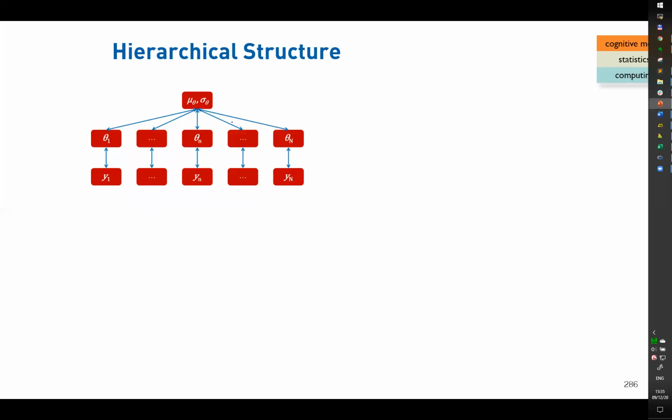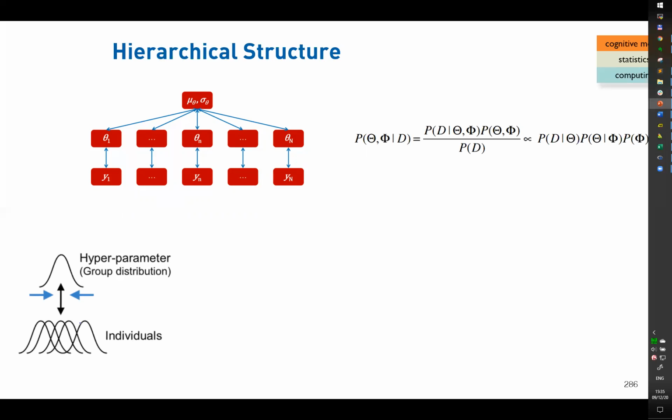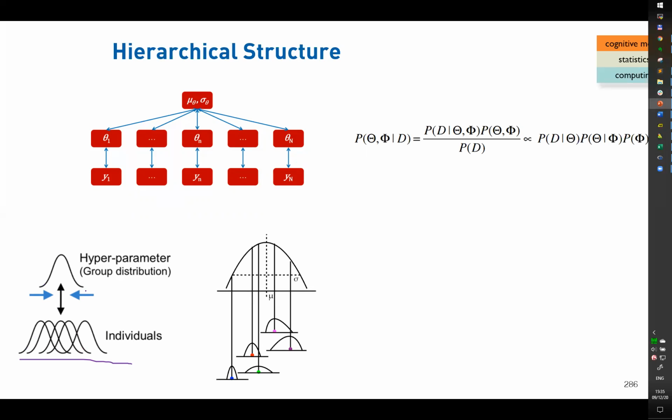And some more graphical illustrations. So this is the one we see, and this one I will tell you later. And we can have a different graphical illustration. So all of the ones below are the individual level distributions, and all of them follow the group distribution, normal. And the individual ones, sometimes, not all of them, are not symmetrical.